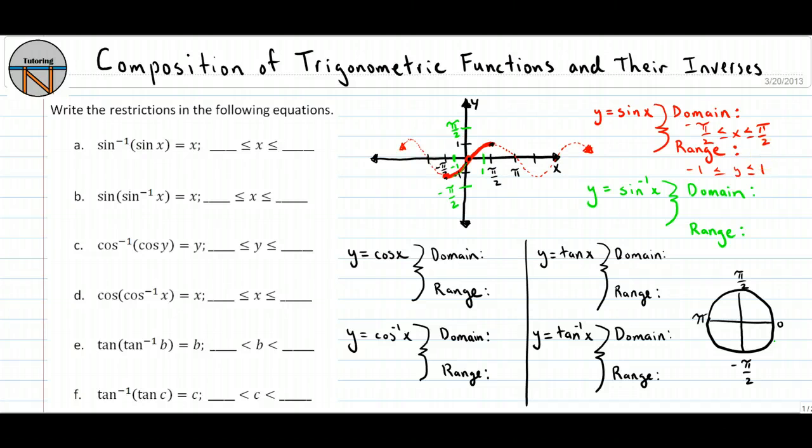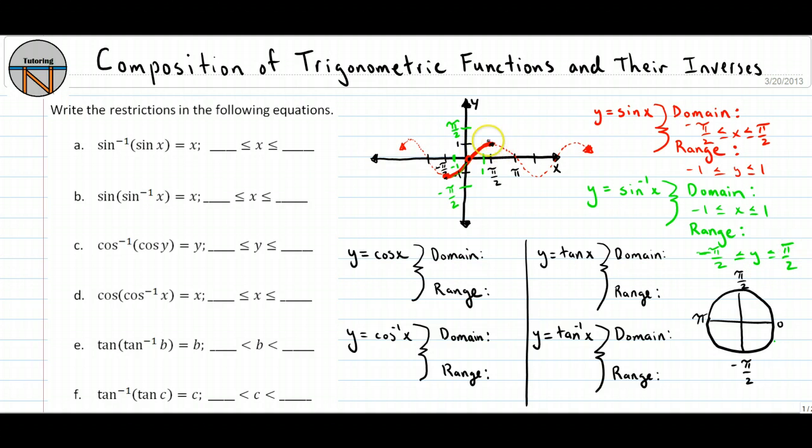So what that means for us is that the domain of sine inverse of x would be the range of sine of x, or in other words, negative 1 is less than or equal to x, which is less than or equal to positive 1. And the range of the inverse would be the domain of y equals sine of x. So that would be y values in between negative pi over 2 and positive pi over 2.